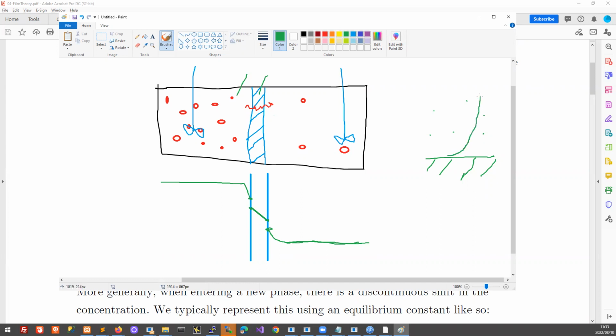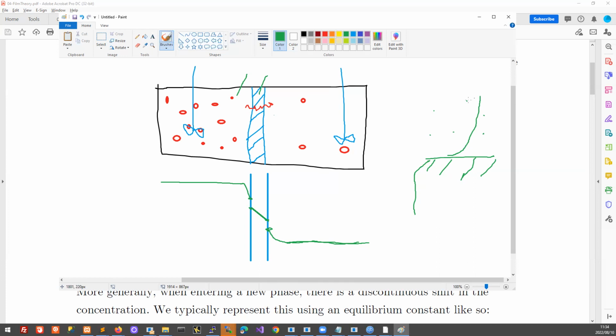That's all fine, but there will be a discontinuous jump in the concentration between the liquid and the gas. Right across this interface, immediately above and immediately below, there are two different concentrations, just because they are different phases.